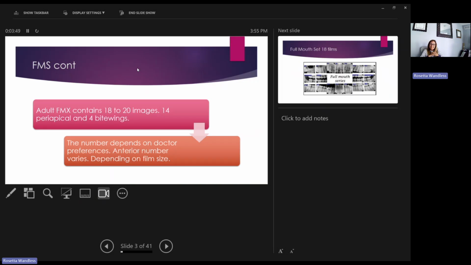And if we're adding anteriors, meaning we're using a size 1 film, because we want to see more anterior teeth, we may get to 19 to 20 images, meaning instead of taking 3 anterior, we may take 4 maxillary and 4 mandibular, or 4 maxillary and 3 mandibular, and that's how we get that range between 18 and 20 images.